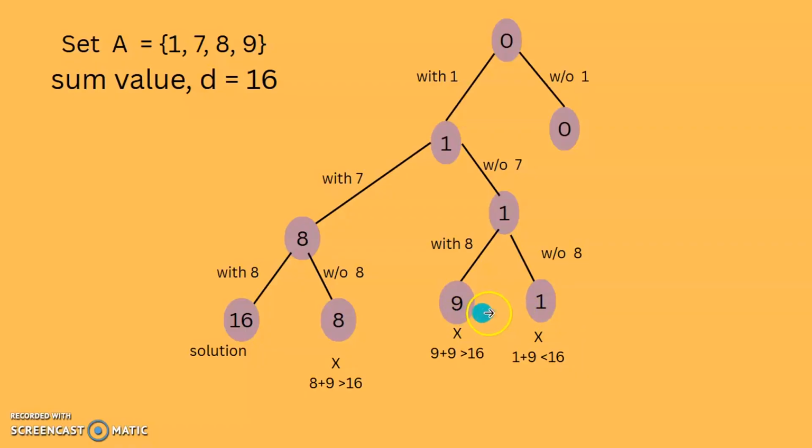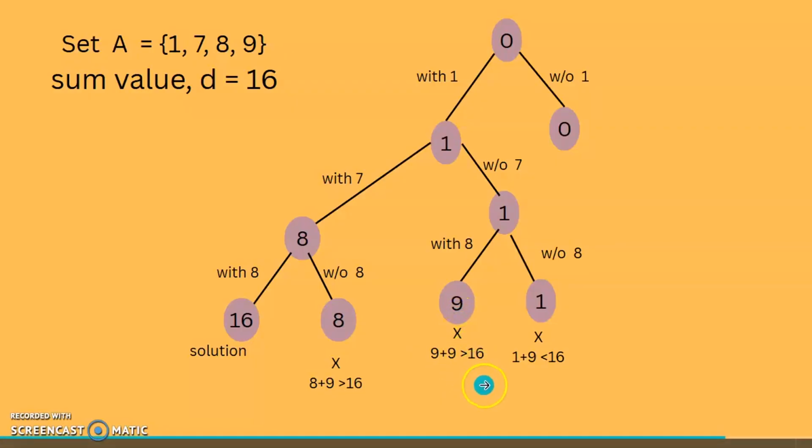The reason is, for example, here if you take, what is the next element to be considered? The fourth element. If we consider the fourth element, there are two options, with and without. If you consider with the fourth element 9, the total will be 9 plus 9, 18, which is greater than 16. So it is not a solution. Without the fourth element means the same sum value will be given in the next stage, which will be lesser than the sum value which you want.